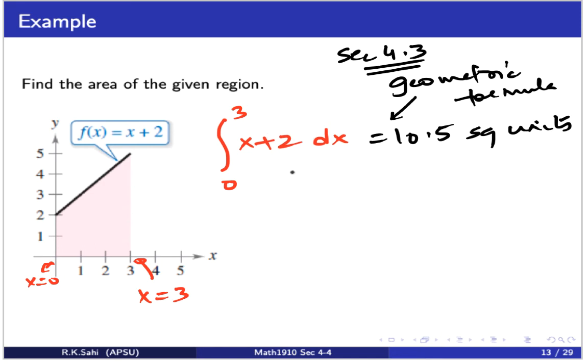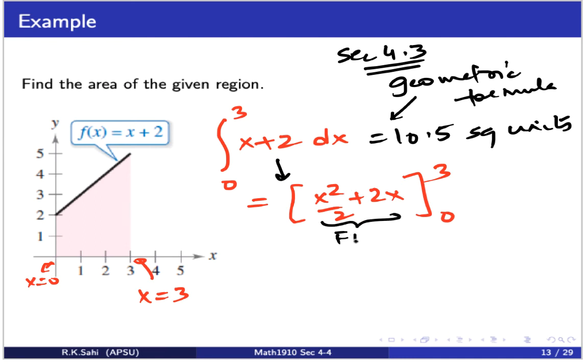First we do the indefinite integral. We're going to have x squared over 2 plus 2x going from 0 to 3. Remember, this is your entire antiderivative. So you have to find F of 3 minus F of 0.